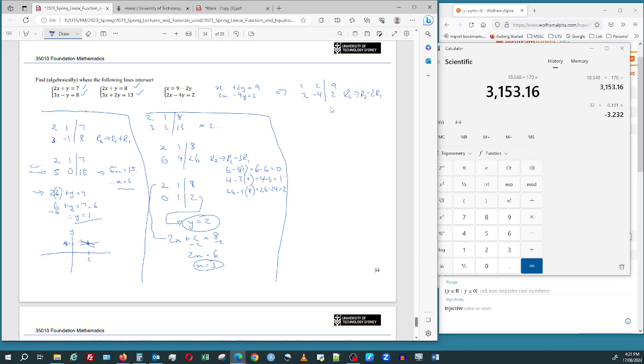So row 1's not being changed by this. 2, minus 4, 2, minus 2 lots of 1, 2 lots of 2, and 2 lots of 9. So 2 minus 2 is 0, great.